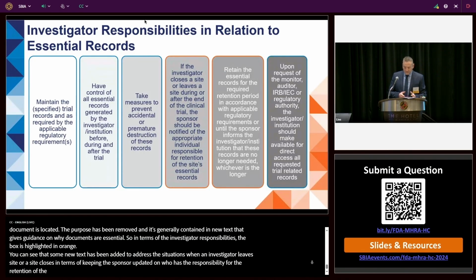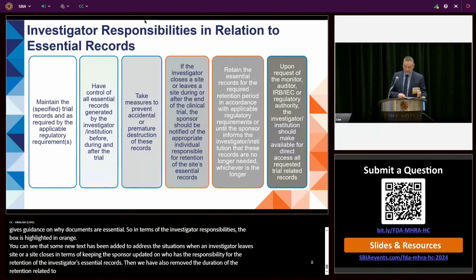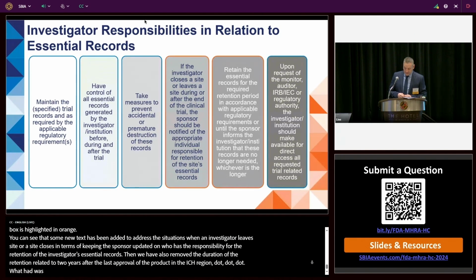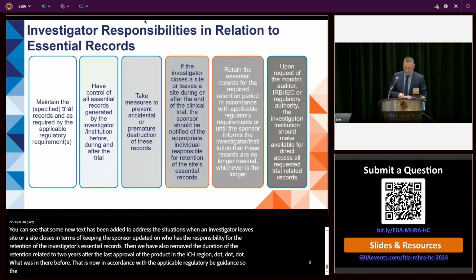And then we've also removed the duration of the retention relating to 2 years after the last approval of the product in the ICH region, what was in there before. And that's just been simplified now to be in accordance with the applicable regulatory requirements, so the national legislation essentially in each region for how long they should be stored, or until the sponsor says you can go ahead and destroy them.